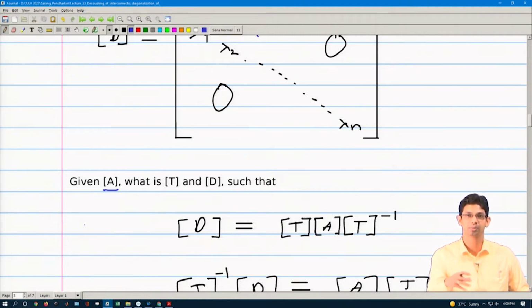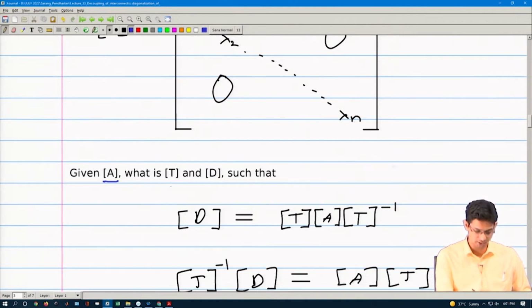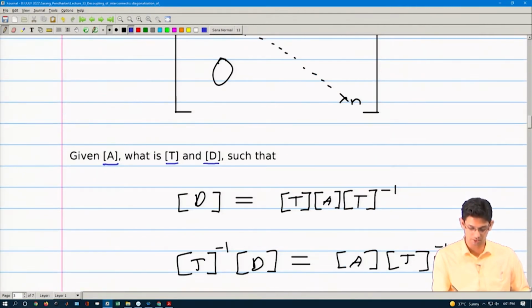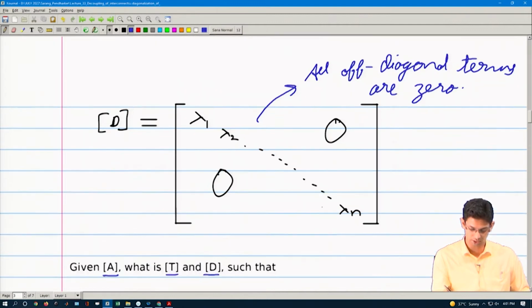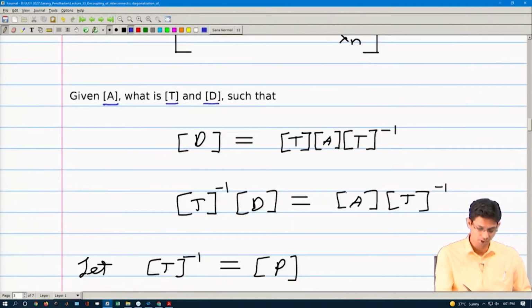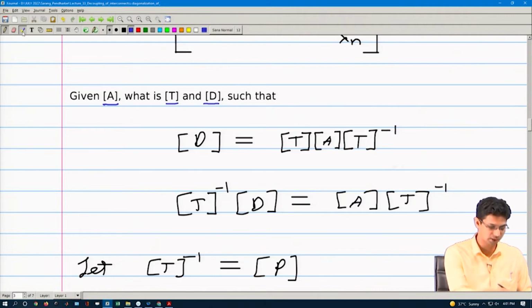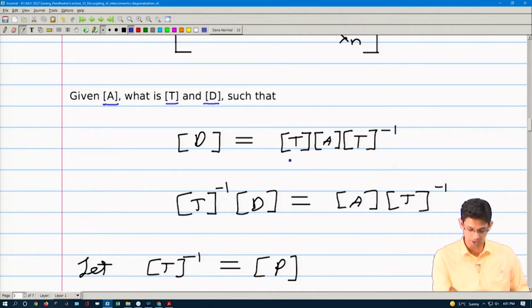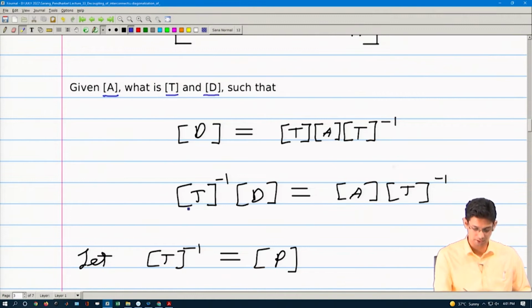So, from the individual interconnect parameters and the coupling parameters like C and L and mutual coupling, we will get A. Given A, what is T and what is D, such that I am getting this, right. From this I can pre-multiply this equation by T inverse, and I can get this equation. So, I have this equation.